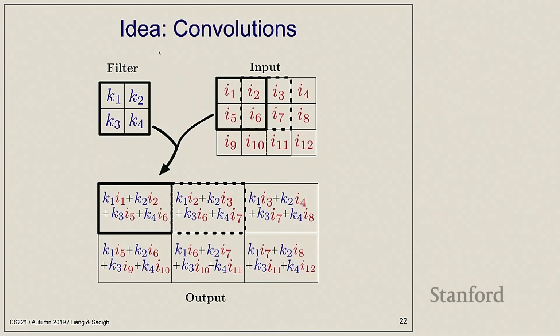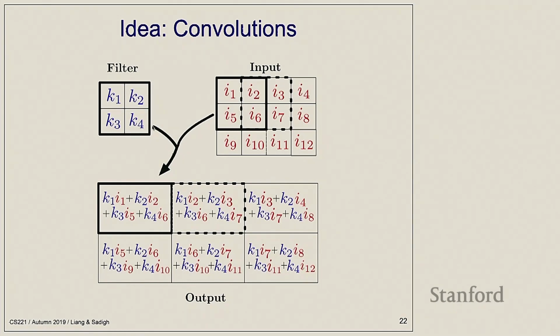So with convolutions, you have this thing called a filter, which is some collection of parameters. And what you do is you run your filter over the input in order to produce each output element. So for example, this filter, when applied to this upper left corner, produces this upper left corner of the output.